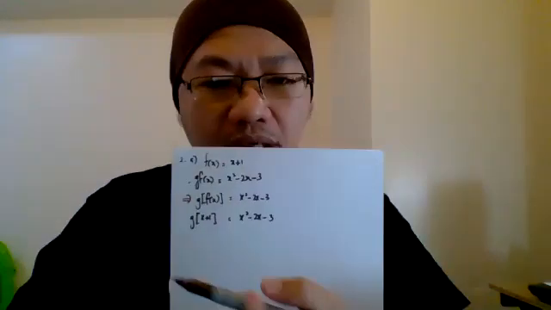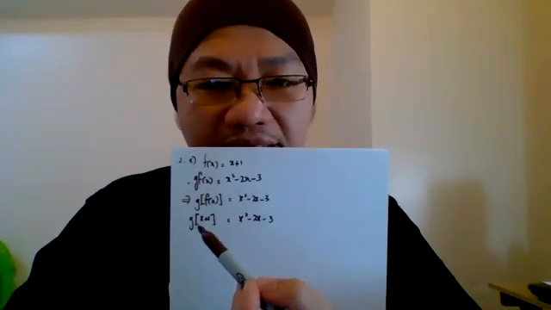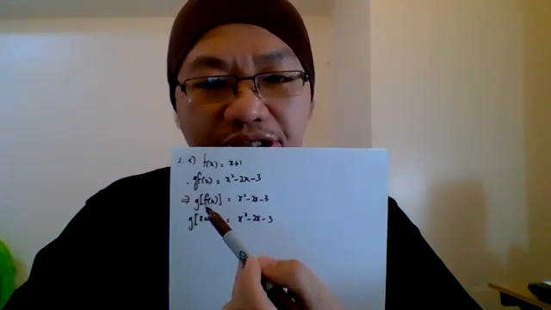Okay, now, what is the method? The first step, as usual, split the function. Right. After you split the function gf, what we can do next is insert the value of function f.